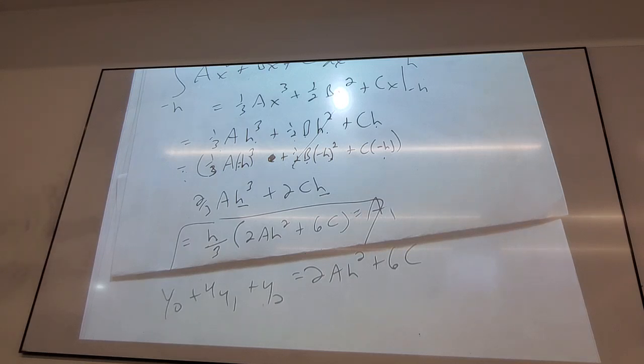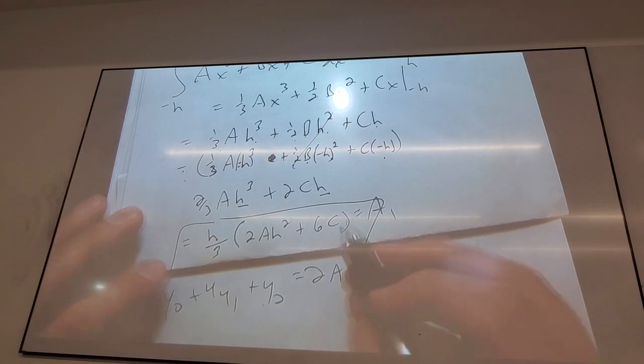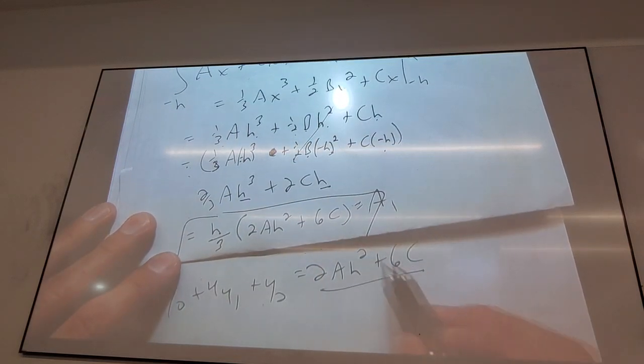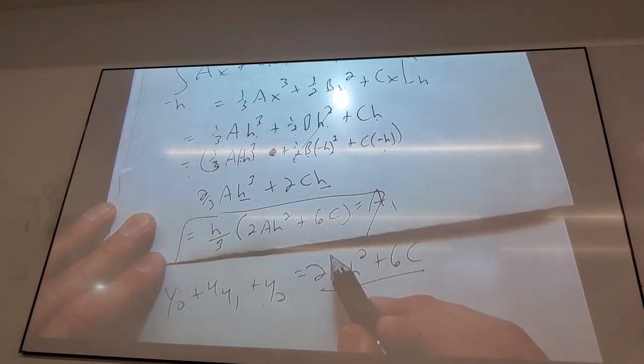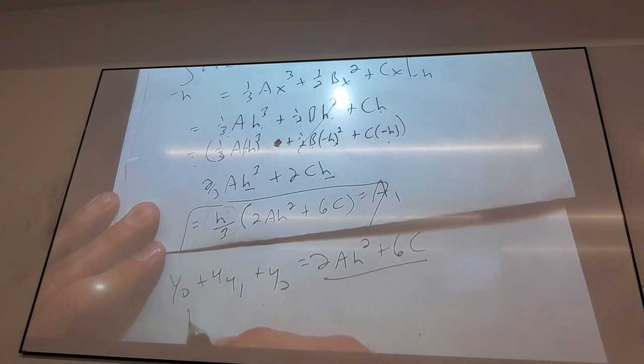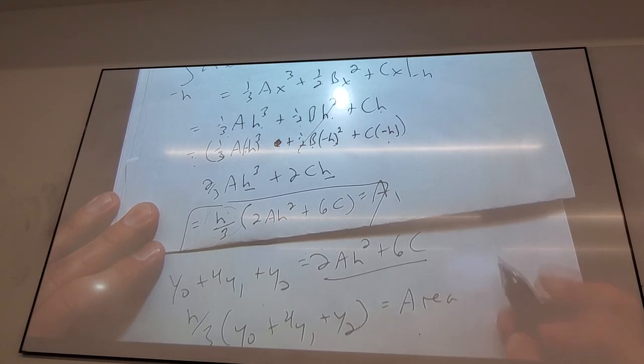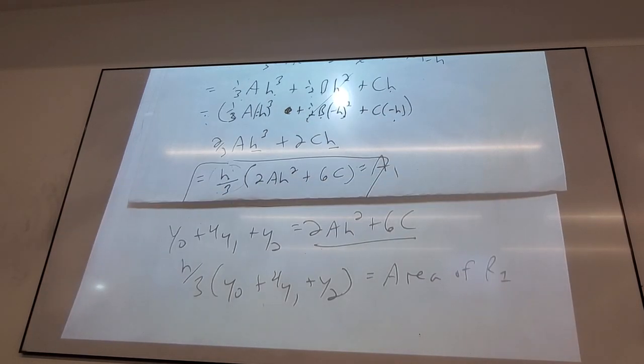So every chunk, the first parabolic piece, the second parabolic piece, would follow what we're doing right now. So if I just do this, what's missing? This is almost the same. What's missing? H over 3. So if I multiply this by h over 3, that will be the area of region 1, I guess you can call it, right? That first parabolic piece.